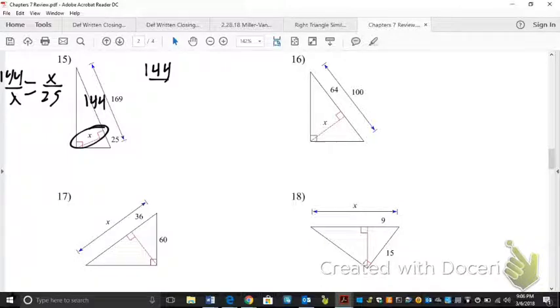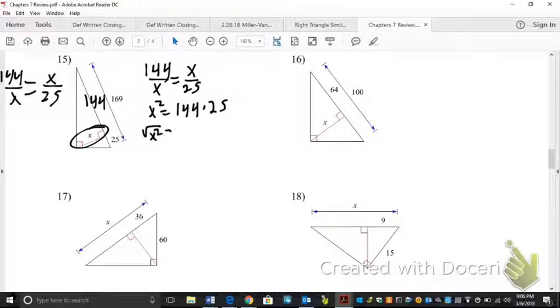So we use 25 and 169 segment addition postulate to figure out that 144. So here, we're going to get 144 over x equals x over 25. X squared equals 144 times 25.